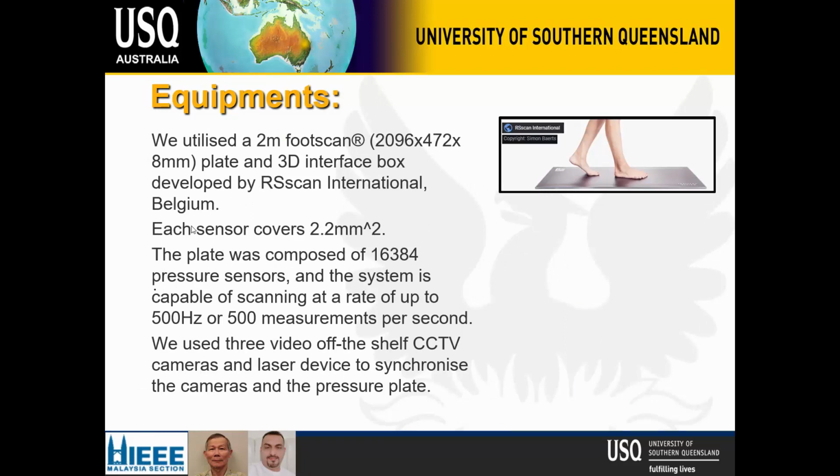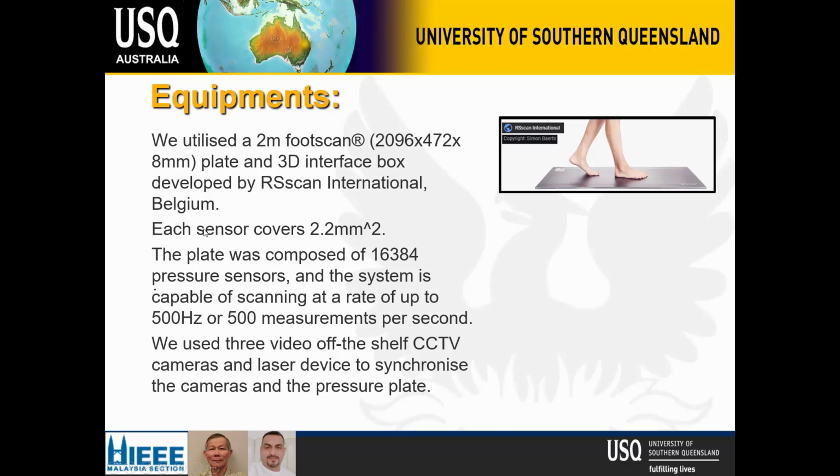The equipment used for this study is a 2-meter foot scan, 2096 millimeter long, 472 wide, and 8 millimeter thick, and a 3D interface box developed by RSscan International in Belgium.